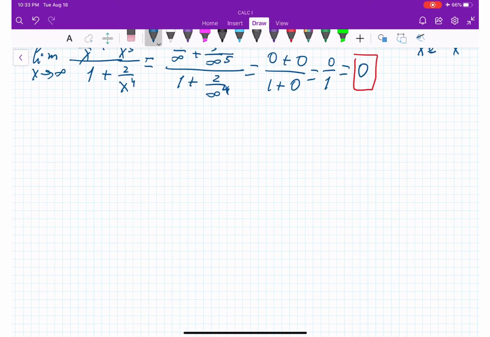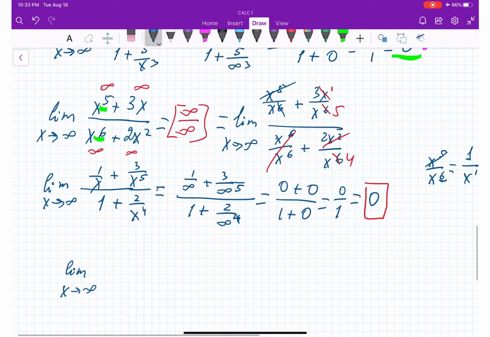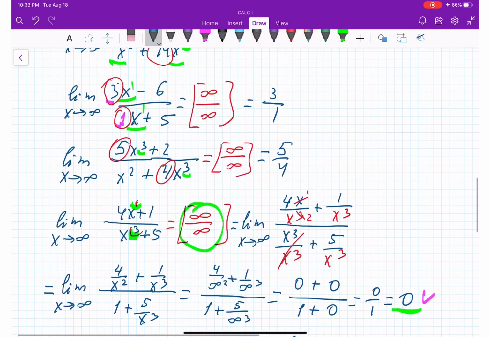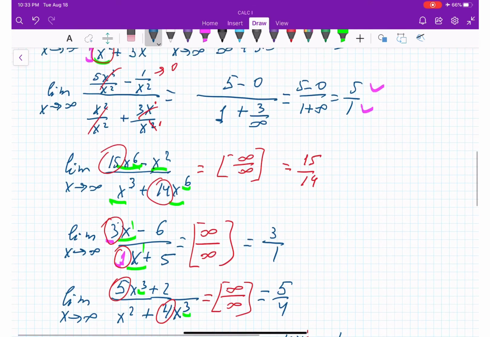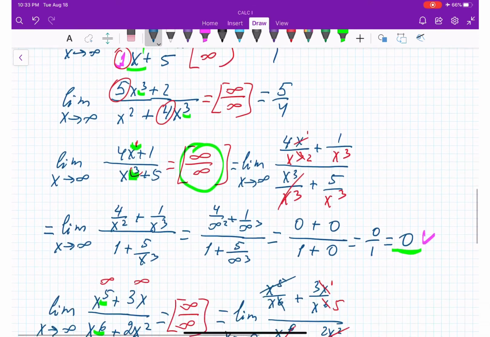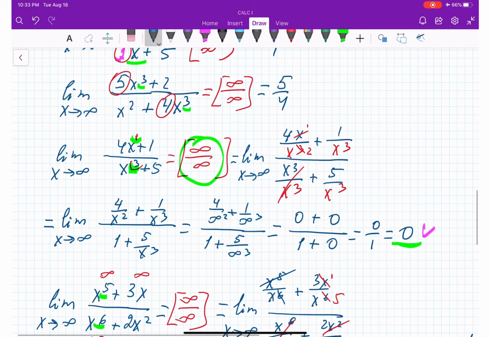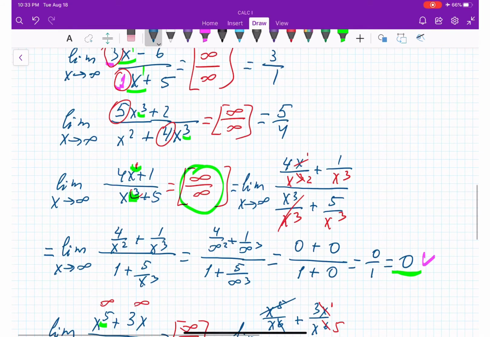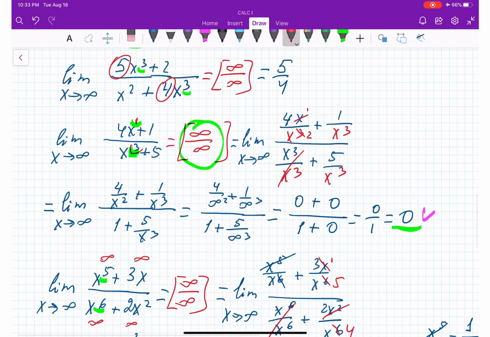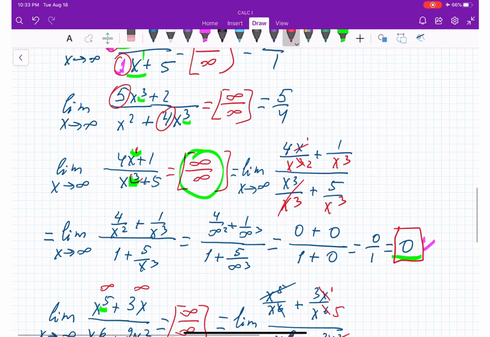I have the limit as x runs to infinity. I'll tell you what, every time let me change the color so you will know when we get a number. Where is it? I can take it into a rectangle so you can see it's a 0.